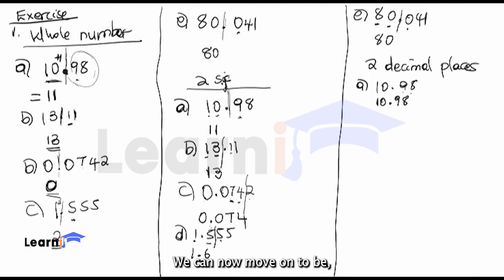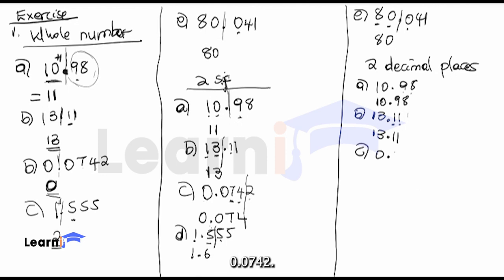We can now move on to B, which is 13.11. The first decimal place is 1, the second is 1. We don't have any number that side, so our answer will be the same. We can move on to C, where we have 0.0742.